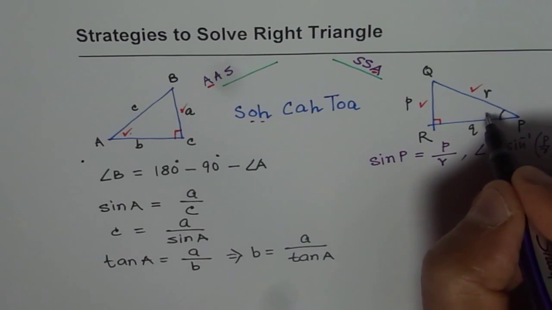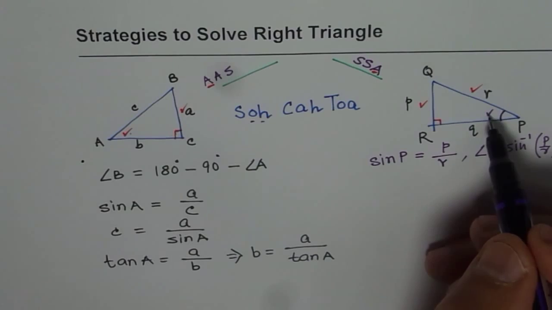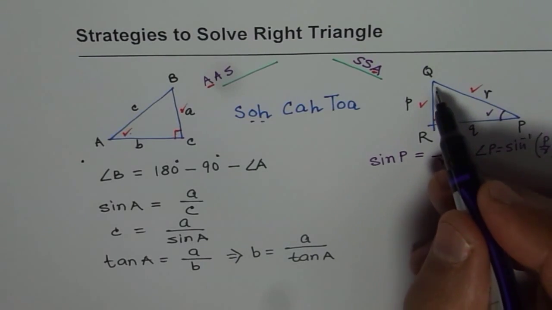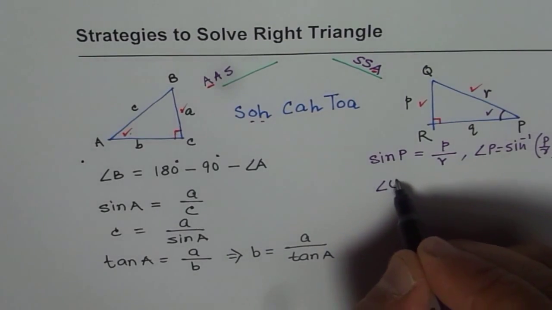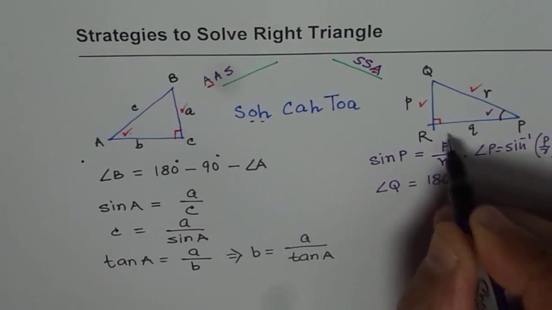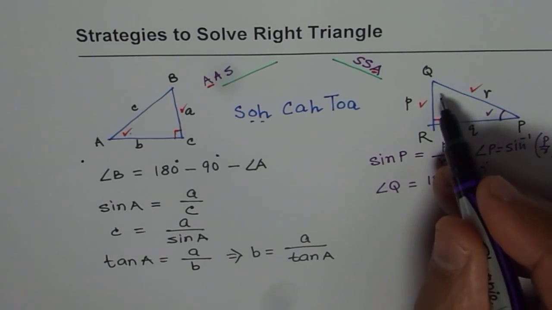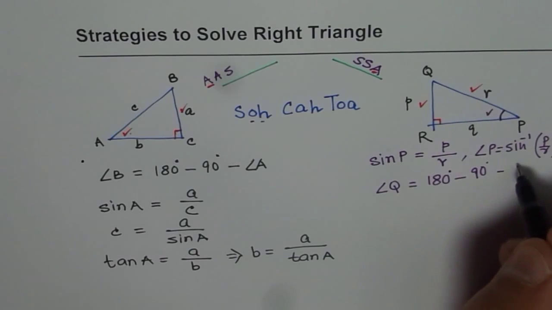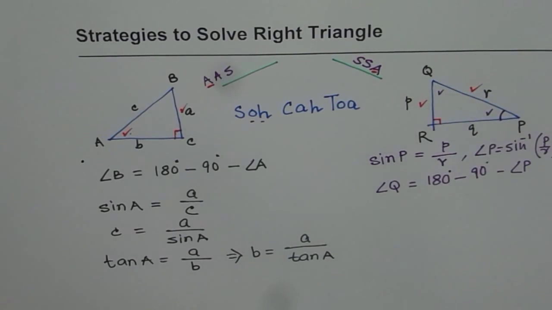So we get our angle P. Similarly, you can find angle Q. But for angle Q, what you should do is like this. Angle Q should be equal to 180 degrees minus this 90. So you're always left with 90. You could have taken out 90 and then taken away angle P, right? So you now know angle Q also.